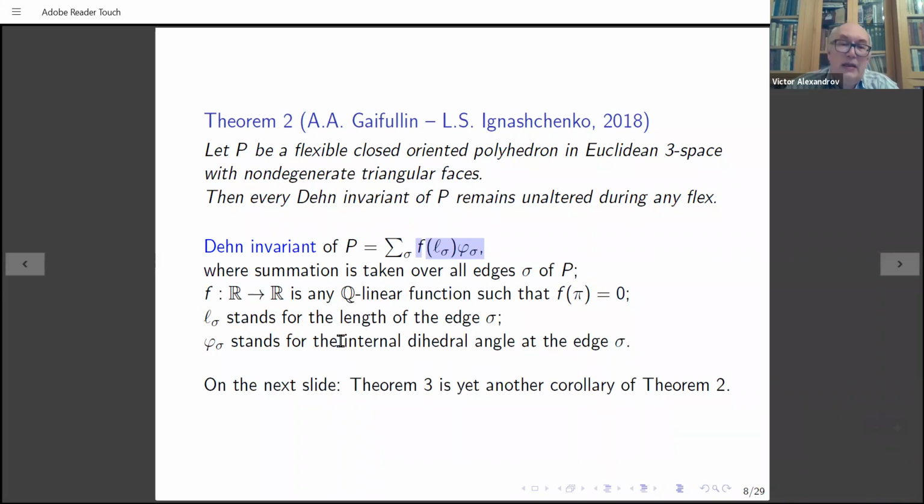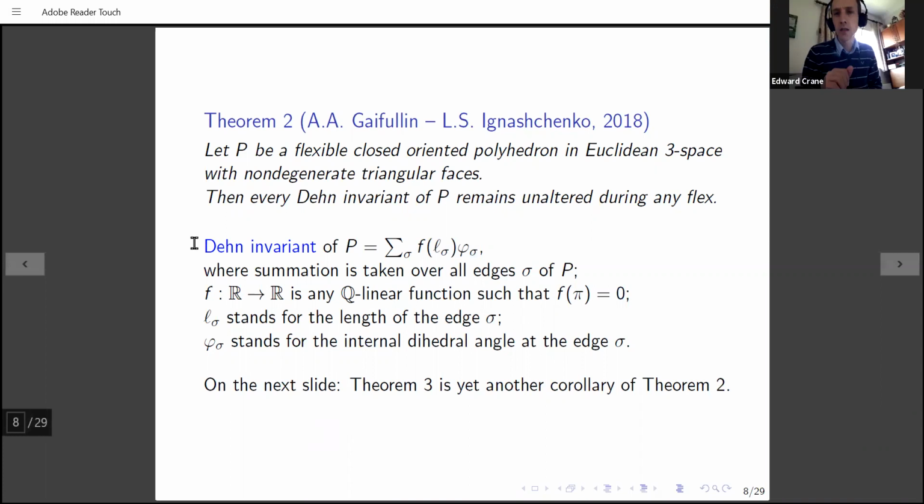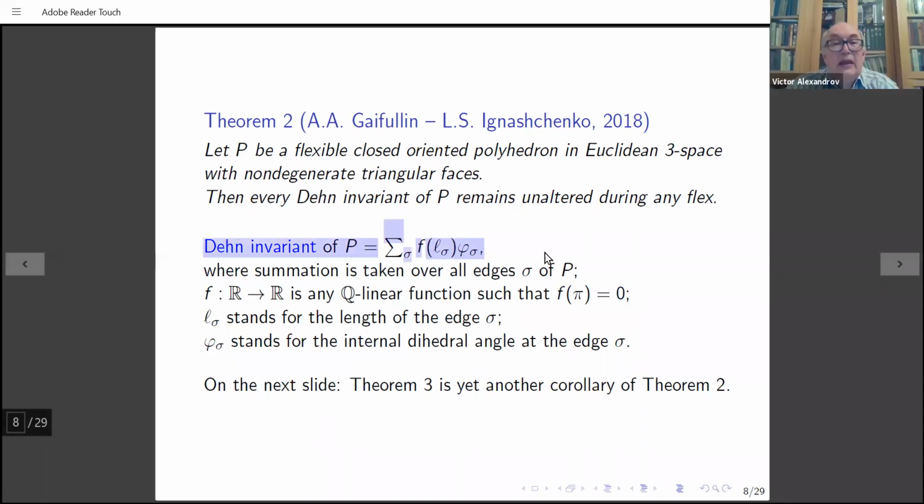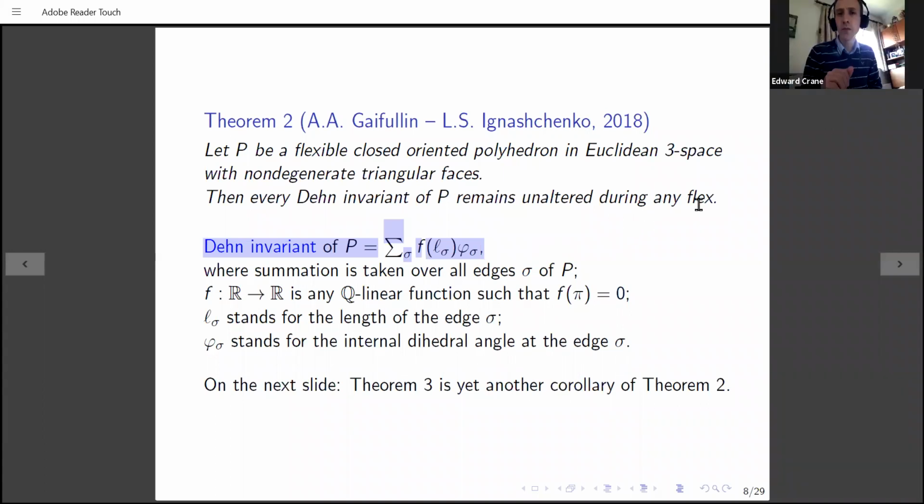In fact, we can take an external dihedral angle, the result will be the same due to this condition. So this quantity, the Dehn invariant, remains constant during any flex for any function f of this type.